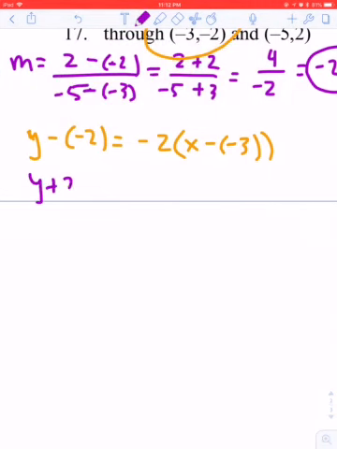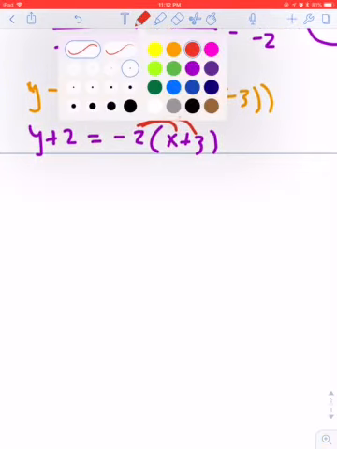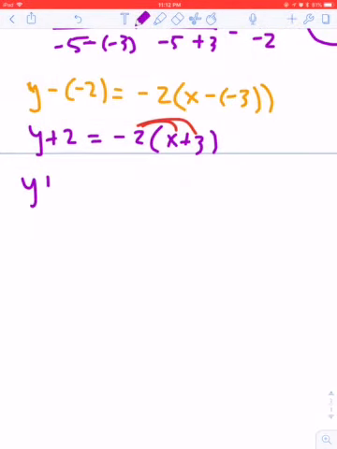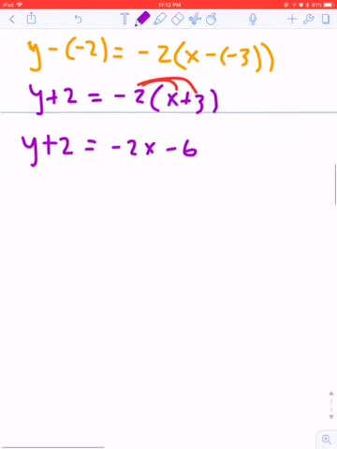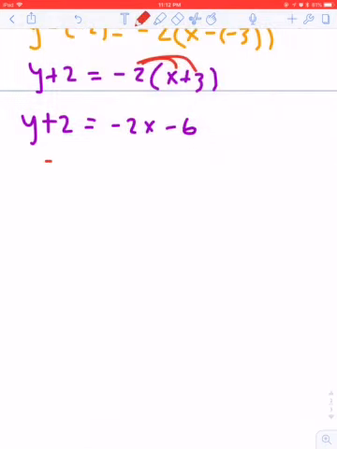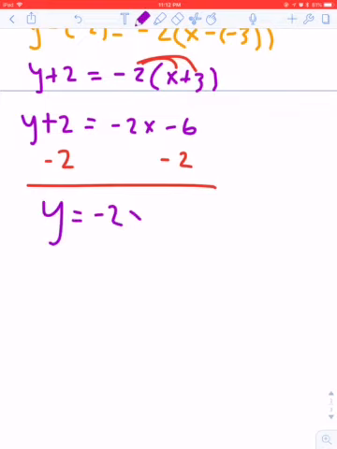So it becomes y plus 2 is equal to negative 2 times x plus 3. And then now we can do the distribution. y plus 2 is equal to negative 2x minus 6. And last step, you need y by itself. So I get y is equal to negative 2x minus 8.